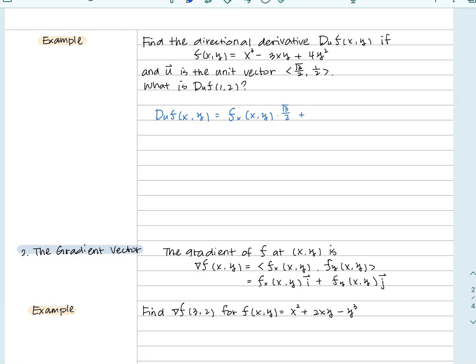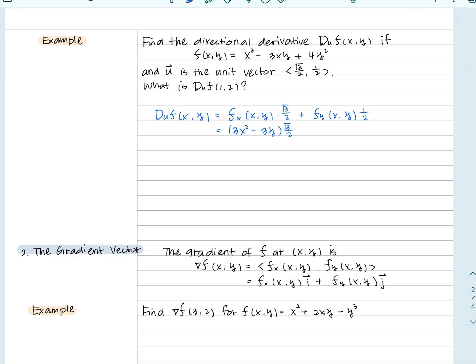And then plus f_y times u2. u2 is 1/2. Then the partial derivative of the function with respect to x: keep in mind y is a constant now, so it should be 3x squared, and then y is a constant, so the derivative is just 3y. And then 4y squared, since that's a constant, the derivative is 0.